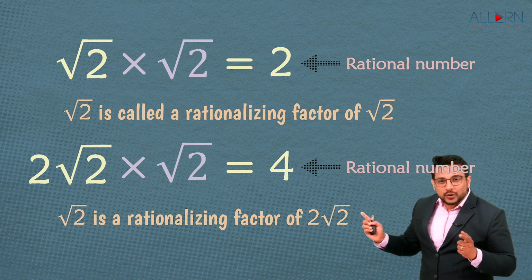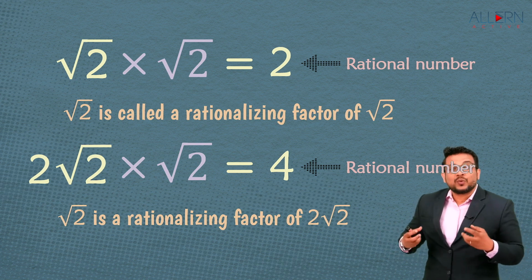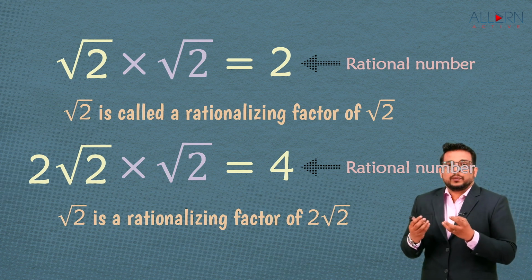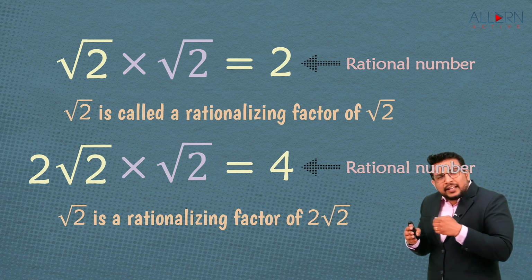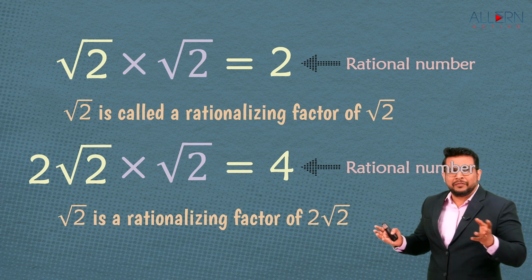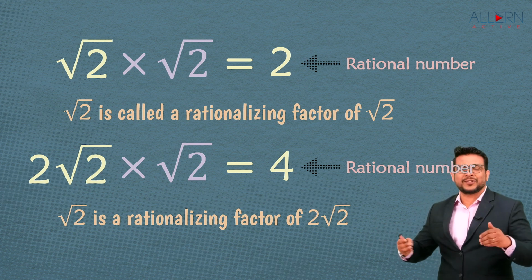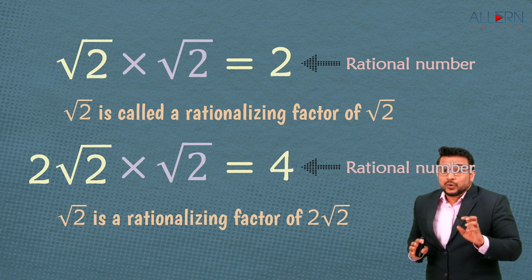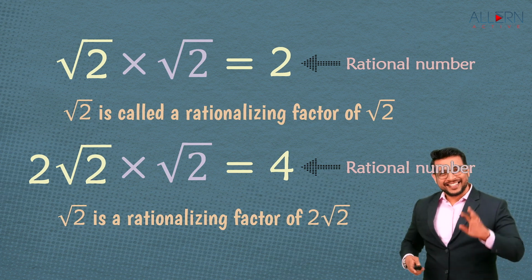Why? Because root 2 into root 8 is root 16, and root 16 is nothing but 4. So 4 into 2 finally gives you 8, which is again rational. Whenever we have a monomial surd or a binomial surd, the rationalizing factor is not going to be unique. It can be different. But the easiest one is what we are doing right now. Is that clear?